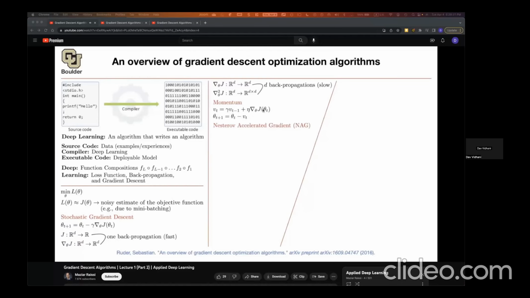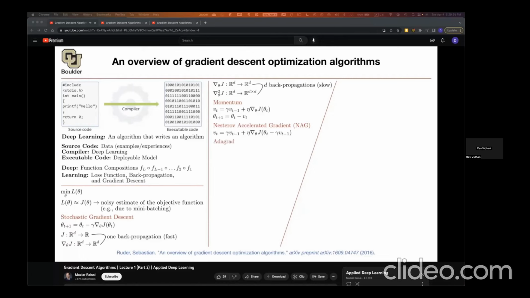What do I mean by look ahead? Forget about this part. You have theta t plus 1 is equal to theta t minus gamma v t minus 1. So you look ahead, you put that term here, that's where you evaluate your gradient, and then you make your decision, you compute the gradient. That's when you make your decision to commit. Then that's going to be your new gradient. This is more prudent because now you're looking ahead, updating your gradient, and then adding it back to your momentum.